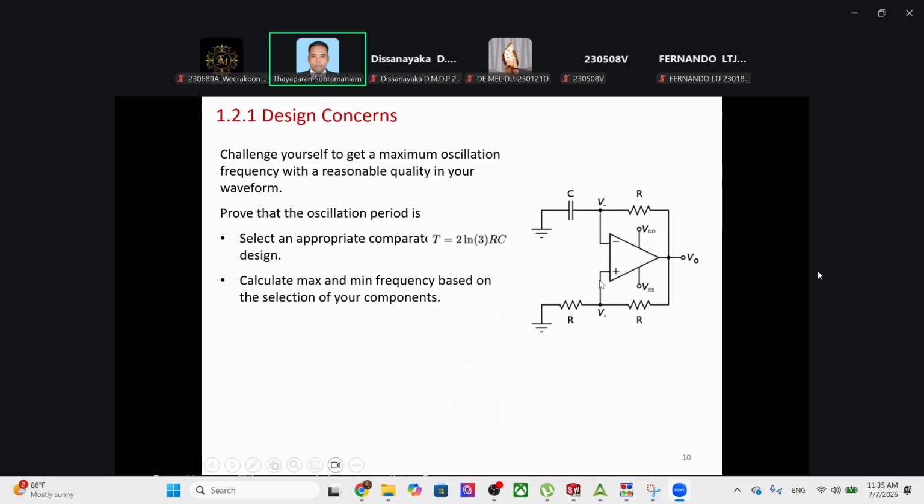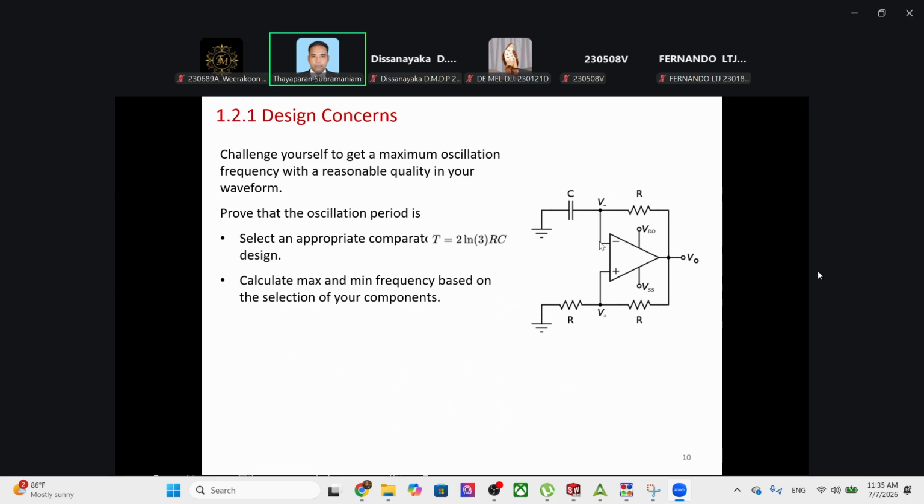Through this non-inverting current, isn't it? And then how do you integrate this comparator to this charging, discharging?